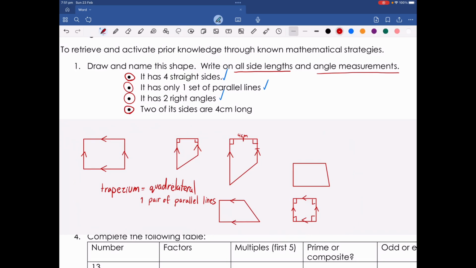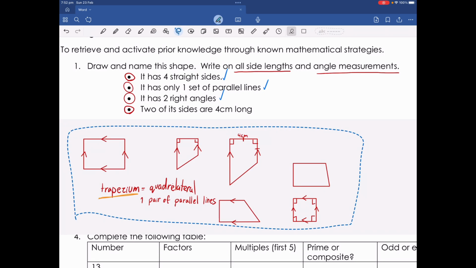A trapezium, that's our answer just there. So feel free to cut that and put it in your Anki. I'll delete that now.